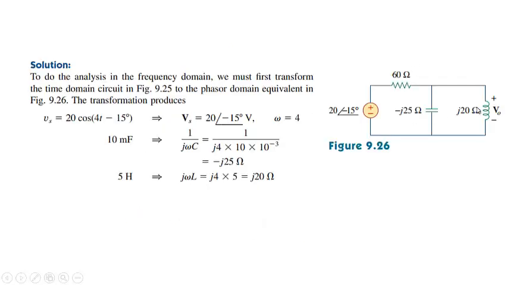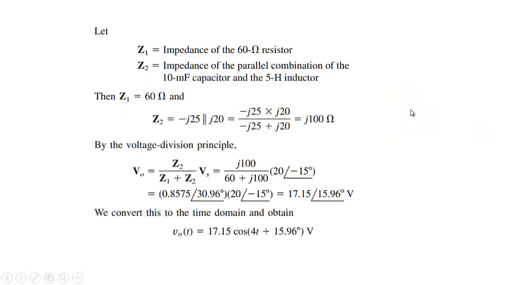The parallel combination will be Z1 into Z2 divided by Z1 plus Z2. That means minus j25, the capacitance, in parallel with j20, the inductor. It will be equal to minus j25 into j20 divided by minus j25 plus j20. It comes out to be j100. So Z2 will be this.